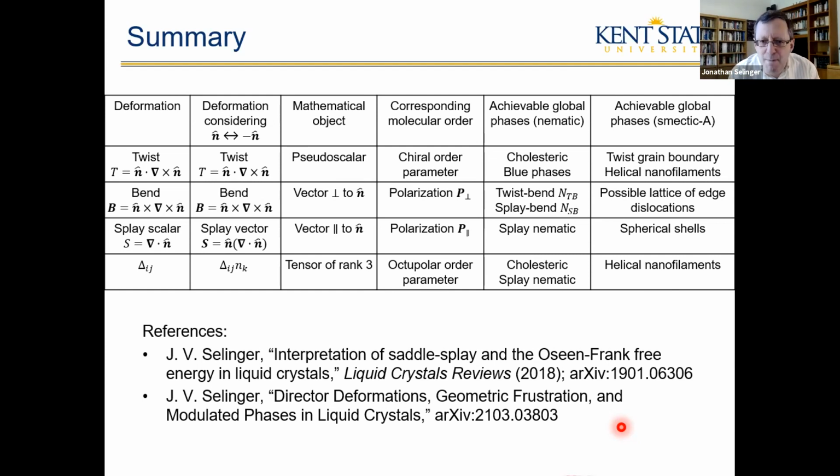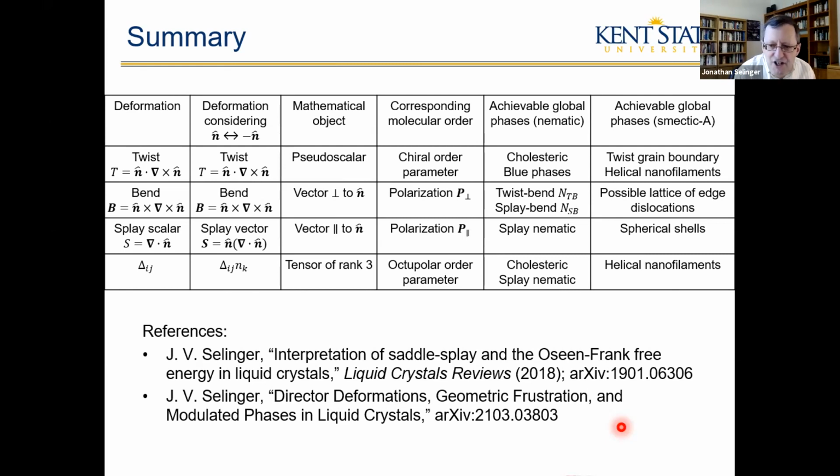Now, there's a remaining type of molecular order that I didn't talk about here, which is regular biaxial nematic order. That is the order of rectangular blocks. That type of order could also be present. However, it doesn't couple directly to any of these 4 deformation modes.